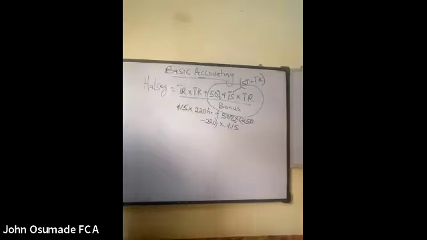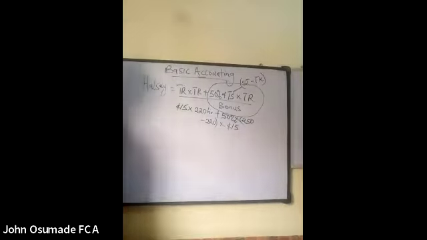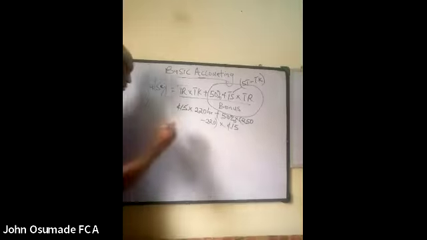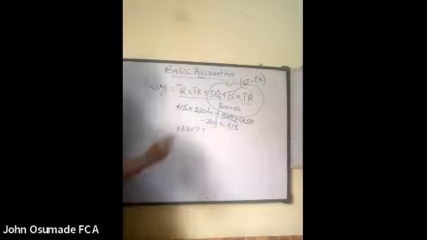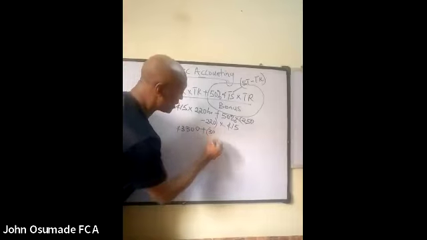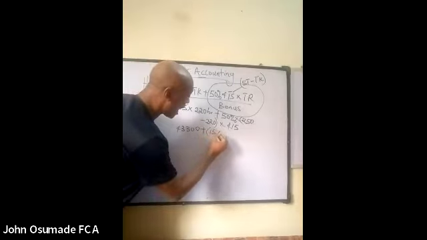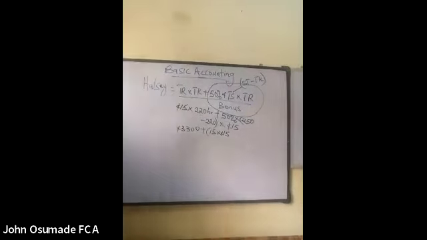Fifteen times 220. That's how much? 3,300 cedis. Yes. Plus 50% of 250 minus 220, that will be 30. That is 15 times 15 cedis. 15 times 15 is how much?